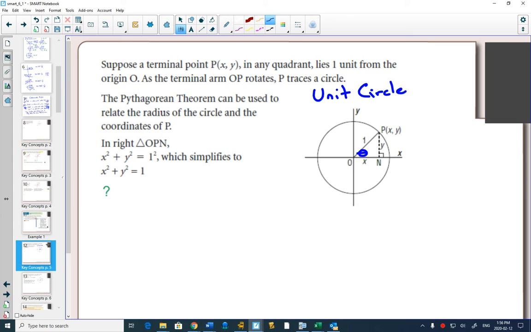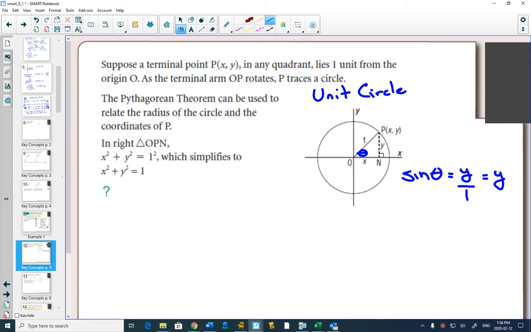You could say what sine of theta is. Sine of theta is the opposite side divided by the hypotenuse. And since it's a unit circle and the radius is 1, the opposite side is y, the hypotenuse is 1, well, that's just y.